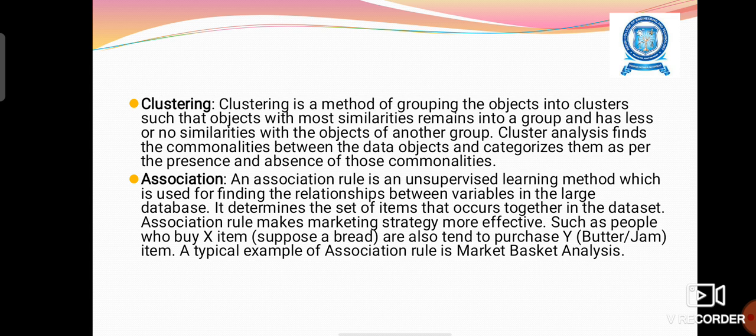This is called cluster analysis. The cluster analysis finds the commonalities between the data objects and categorizes them as per the presence and absence of those commonalities. Commonalities means common features. Then association. Association rule is an unsupervised learning method which is used for finding the relationship between the variables in a large data set.